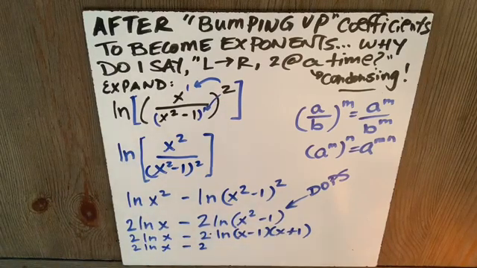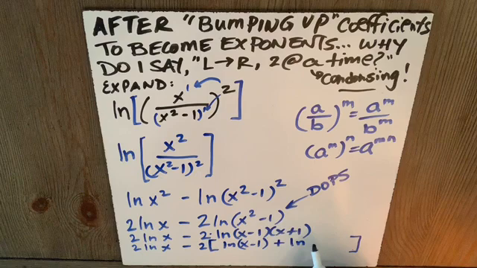Now, this is times. So if I'm going to expand this into two terms, it's going to be 2 times whatever this expands into. Natural log of a times b is going to be natural log of a, x minus 1, and this is going to be plus natural log of b, x plus 1.